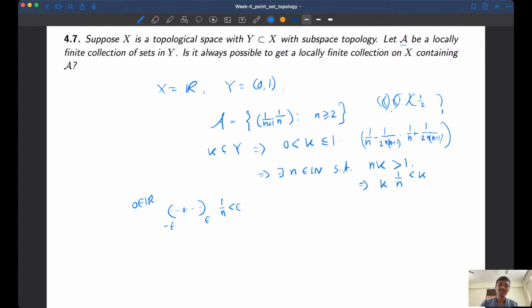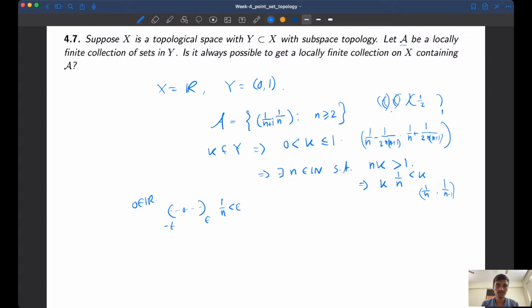You take 1 by n, 1 by n minus 1. So you can take the neighborhood of k to be this, so that will intersect only one point of that collection. That's why 0 is not in that space itself, so it is locally finite there. But for this collection it is not, because 0 lies in R.